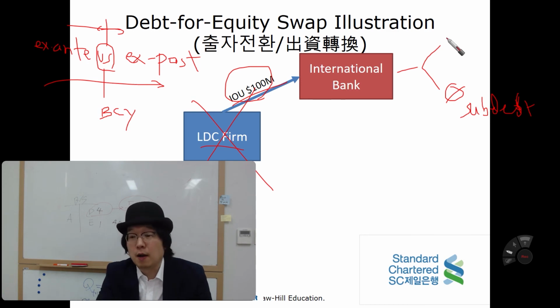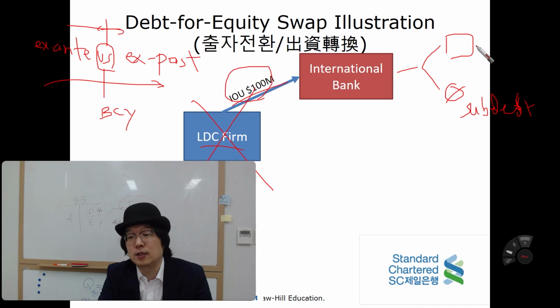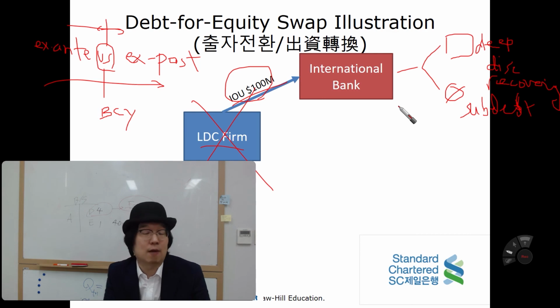Or another alternative is you get a discounted payback, a deeply discounted recovery. How does that happen?